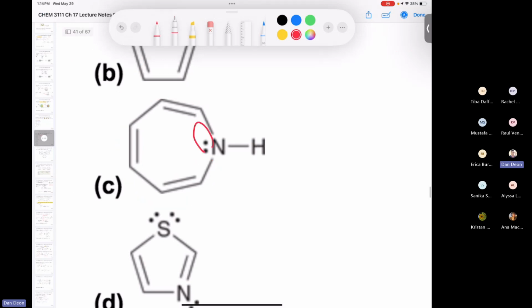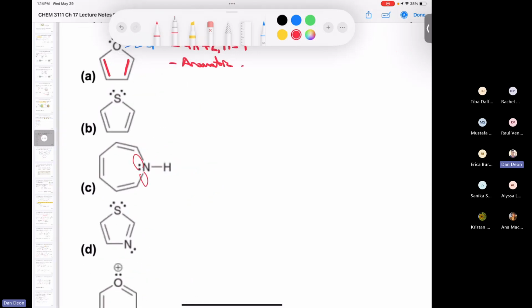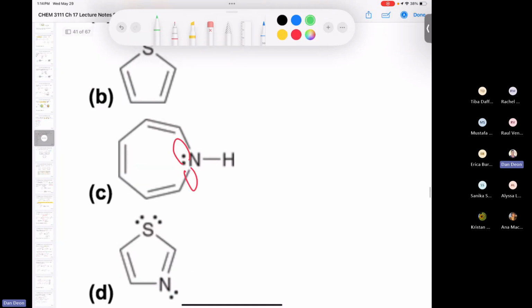So if this lone pair was in a p orbital, then we would have a continuously overlapping system of p orbitals. Now, let's count the total number of electrons. We have 1, 2, 3, 4, 5, 6, 7, 8. Is that a Huckel number? Does that satisfy 4n plus 2? No, it doesn't. It satisfies 4n, where n is equal to 2. 4 times 2 is 8. We have an even number of electron pairs. So that would make the compound anti-aromatic.